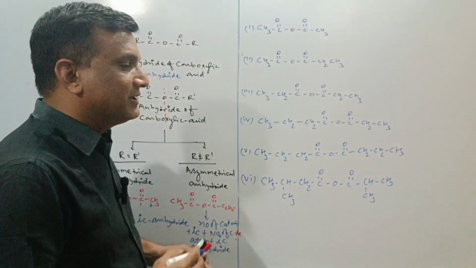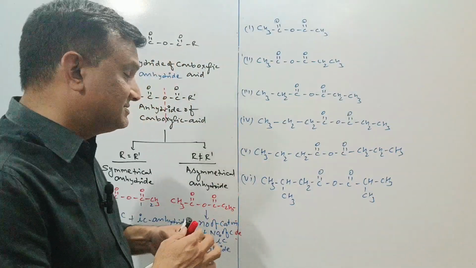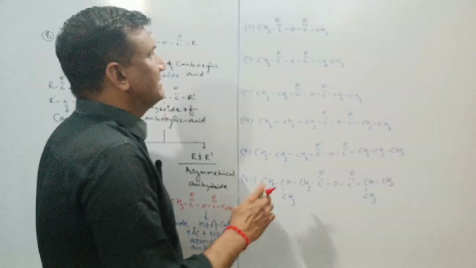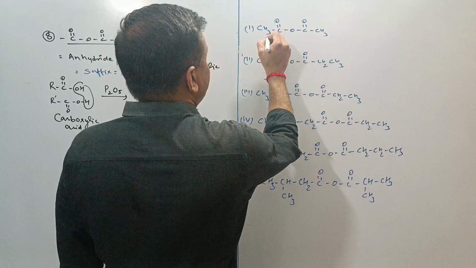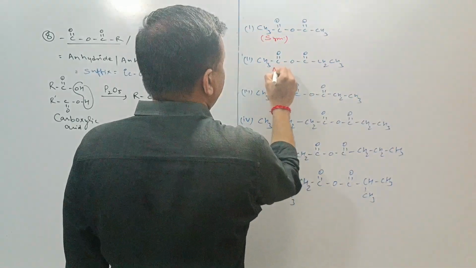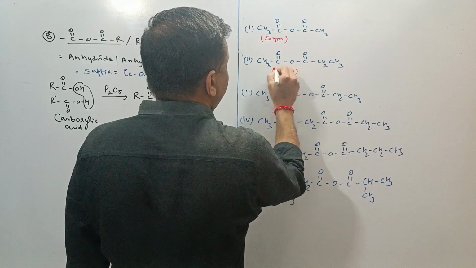So these are the important examples regarding the anhydride. First of all, we'll go with this type. First is your symmetrical anhydride. This is your asymmetrical or unsymmetrical anhydride.